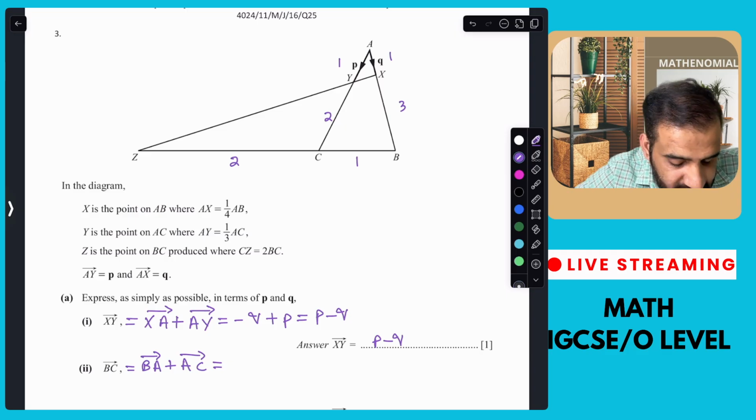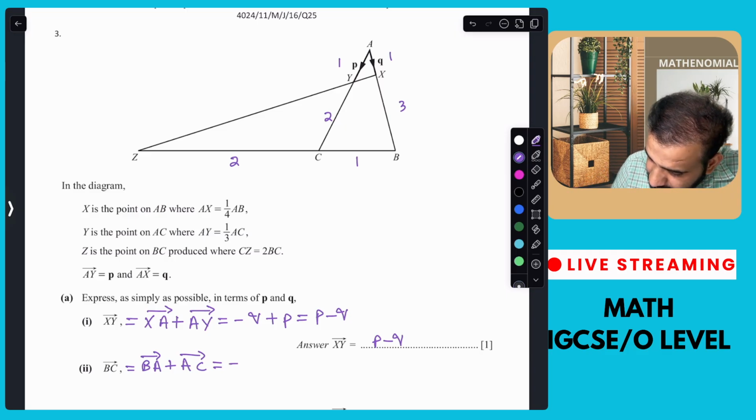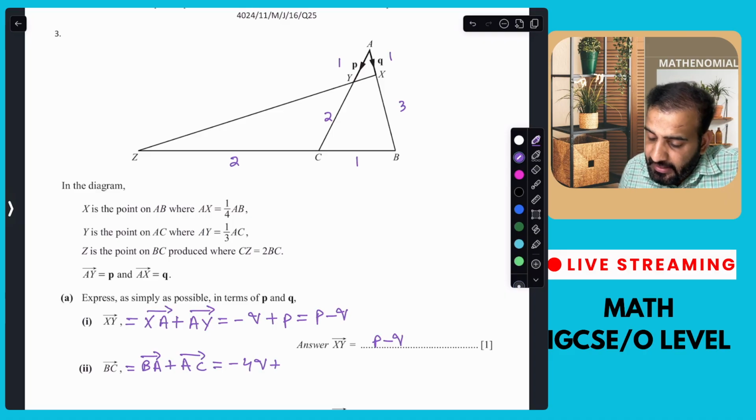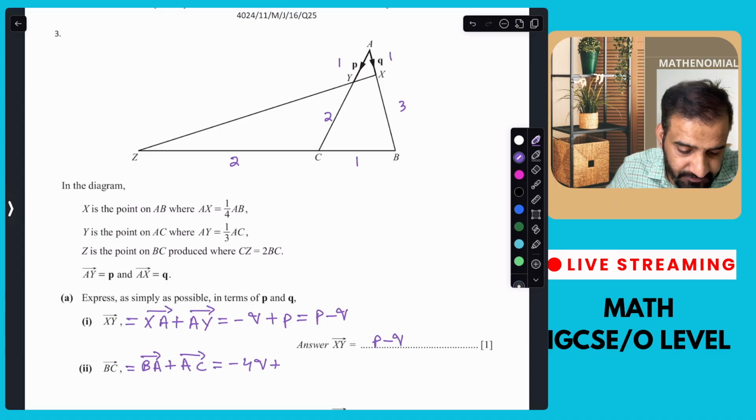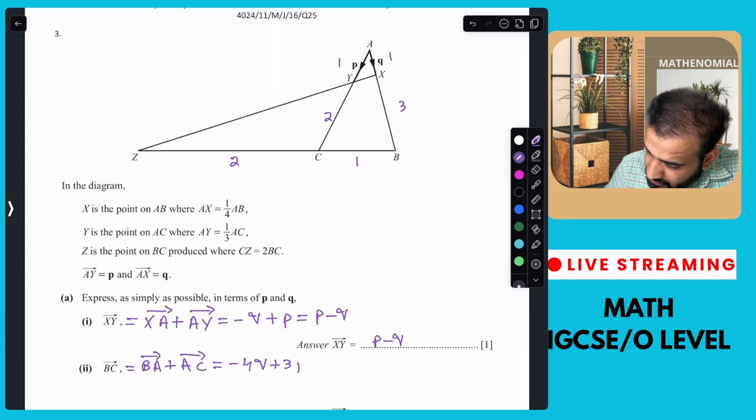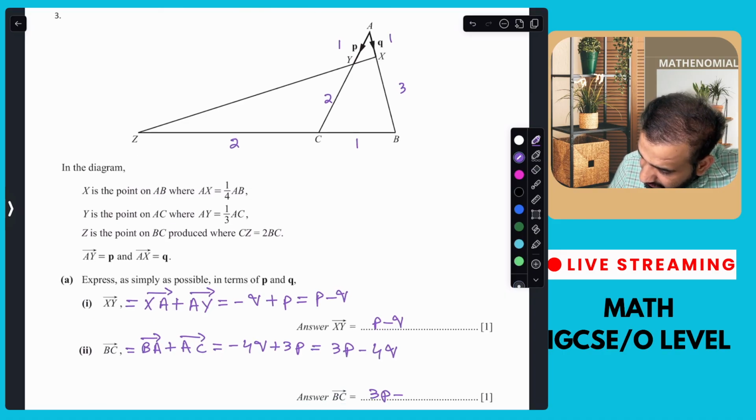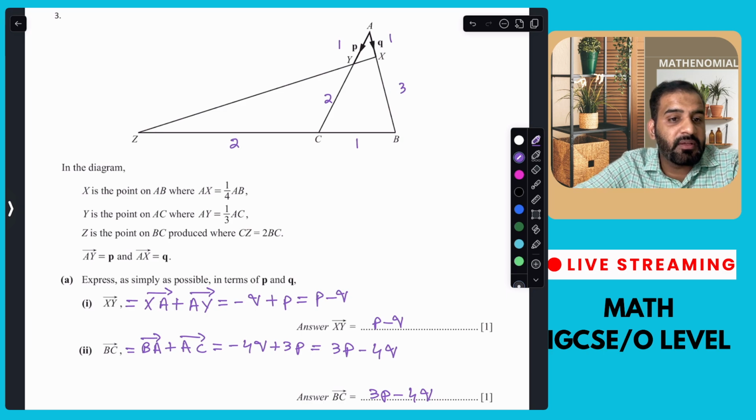So can I say that it is minus 4Q plus AC? Can I say that AC is 3 times of P? So that is 3P minus 4Q. So 3P minus 4Q. That's it.